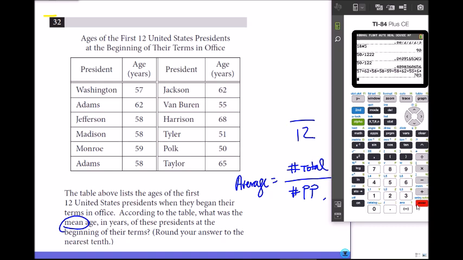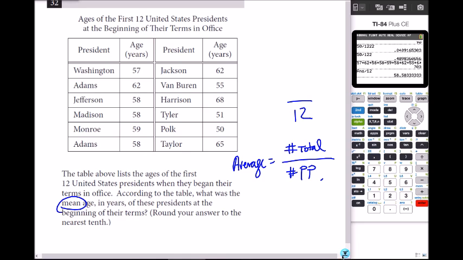Press enter first. Never divide by 12 at the end. Divide it first, and dividing by 12 gives me 58.58. So what's the question? Round your answer to the nearest tenth. So from the second decimal, I write 58.6 because 8 is greater than 5. You round it up to 6.